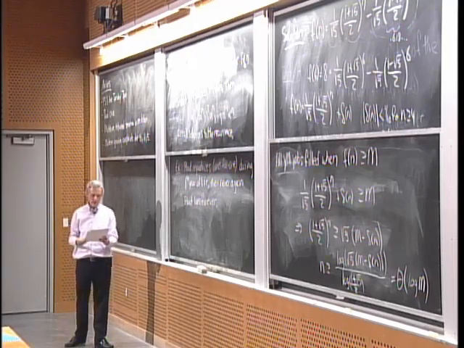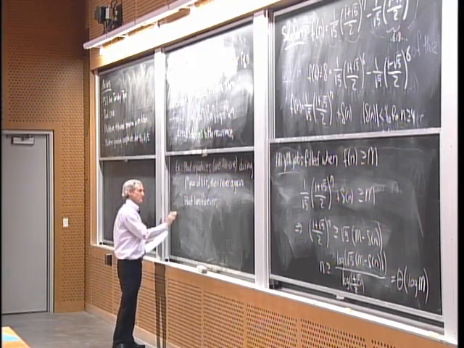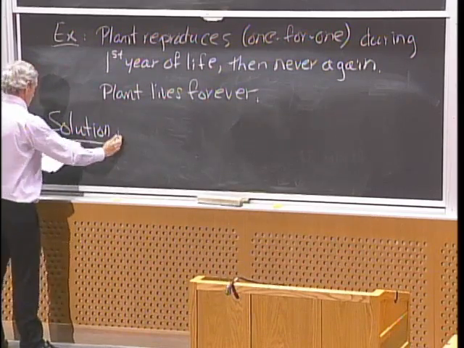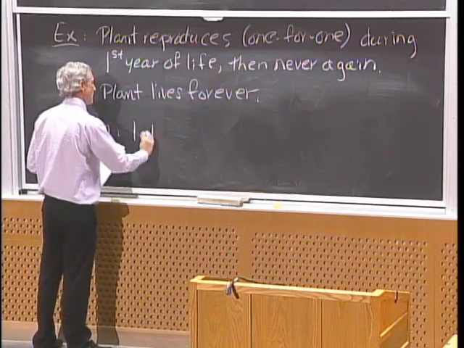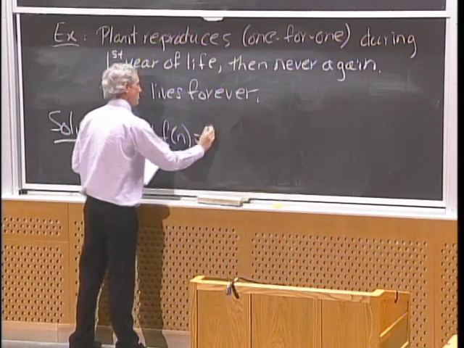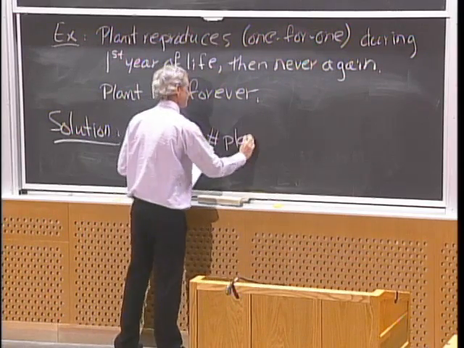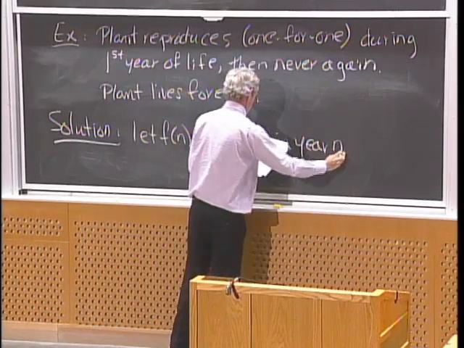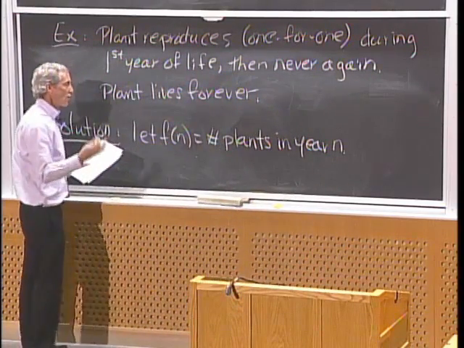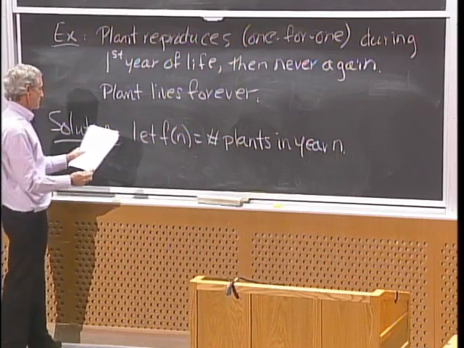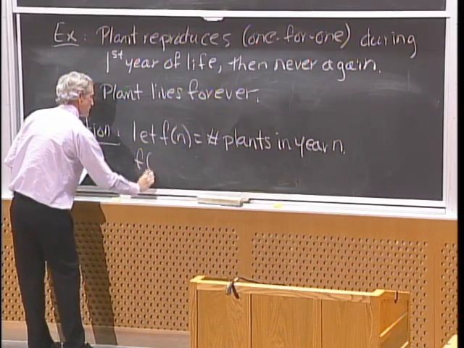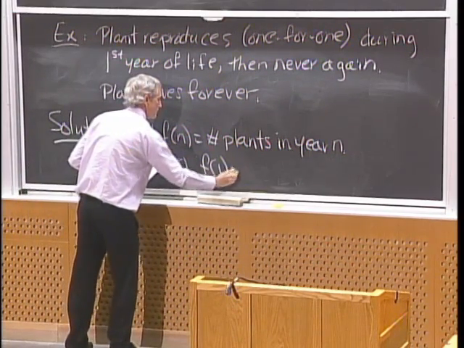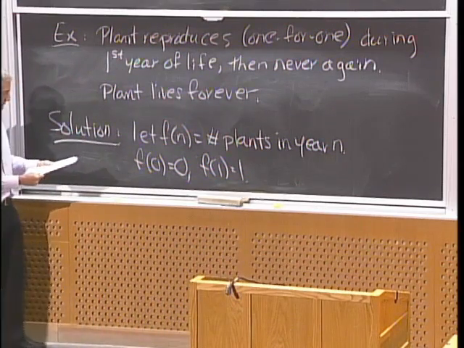All right, in year n, how many plants there are. So to figure that out, I'm going to set up a recurrence. We're going to let f of n be the number of plants in year n. And we're going to say that the first plant miraculously comes into existence in year 1, so that in year 0 there's none of them, and in year 1 there's 1.